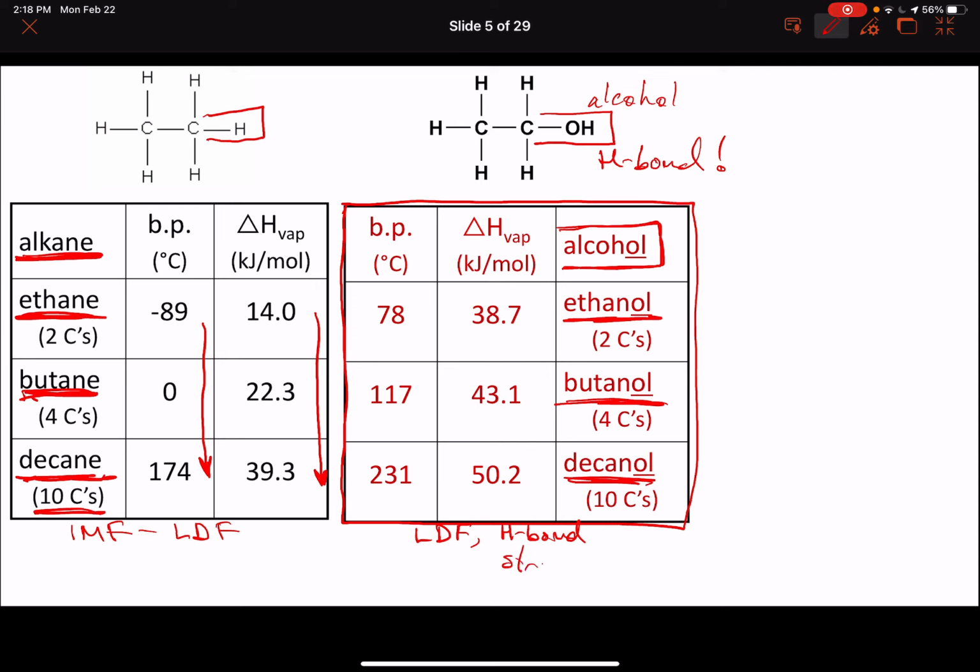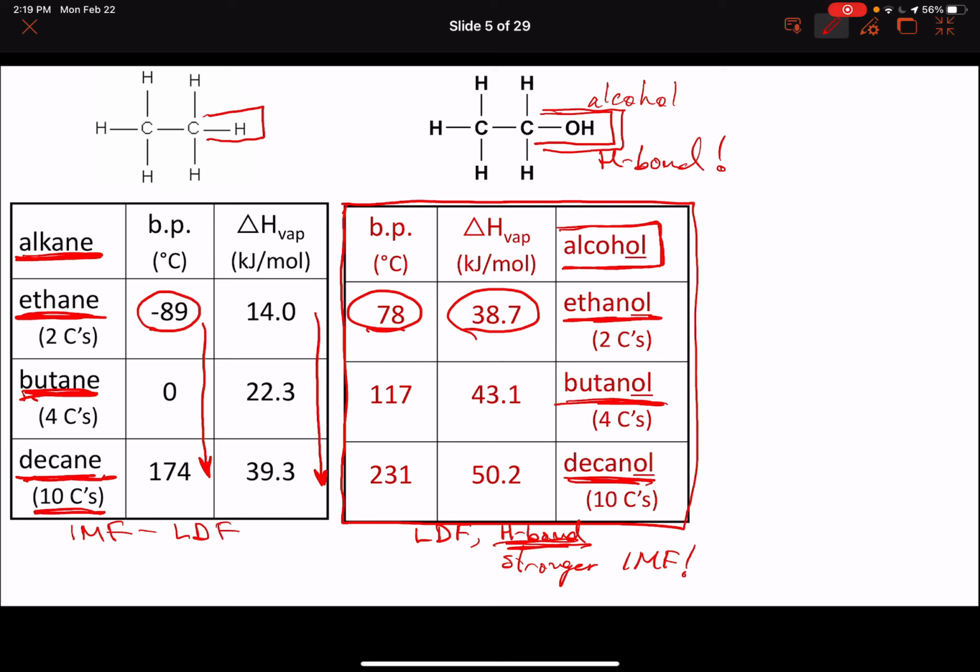So much stronger IMFs expected here due to the hydrogen bond that is programmed by the presence of the alcohol group OH in these series. Okay, so we'll notice the boil point of ethane increases dramatically from minus 90 all the way up to almost 80 degrees C.